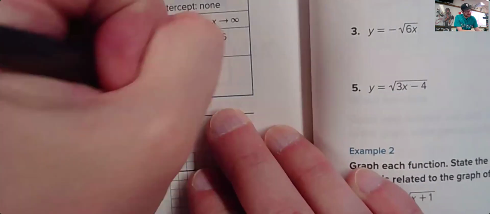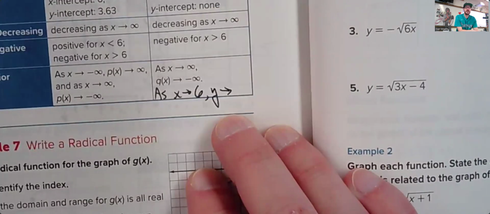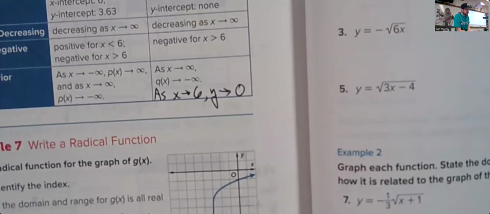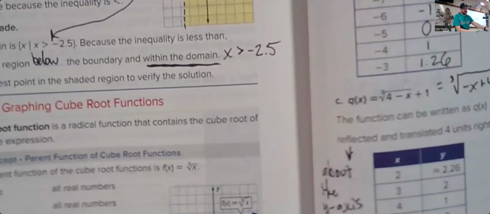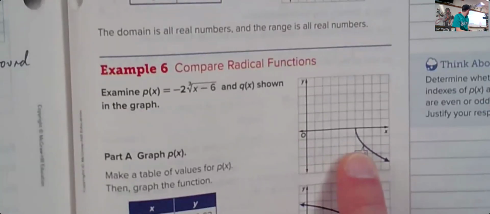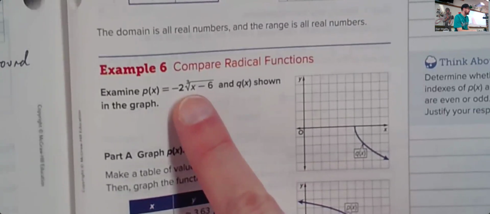So as x approaches 6, what does y approach? 0. Good. So that would be the other end of that one. So essentially what we're looking at here is this graph here is probably the same as this one, except it's a square root instead of a cube root.